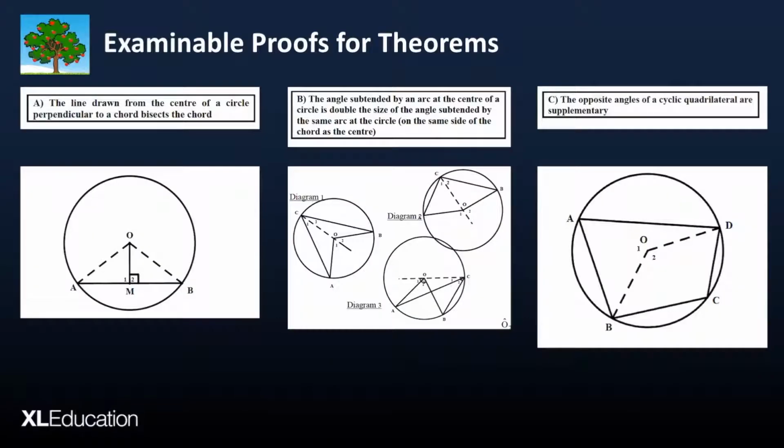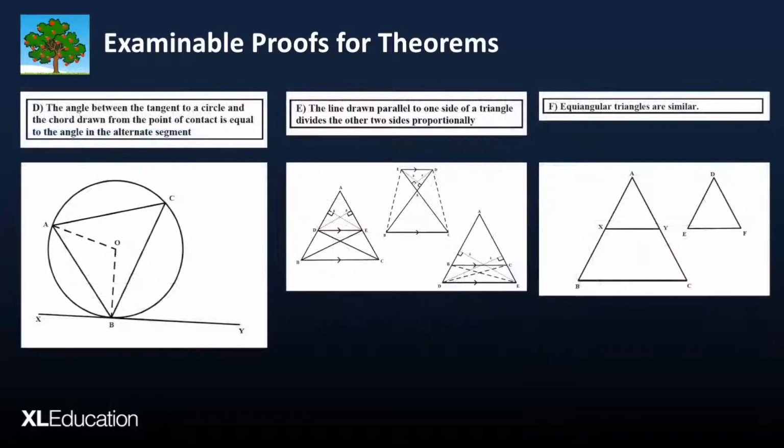When you are doing geometry in paper 2, it is very important to know that there are some obvious questions that are going to come. Questions such as proving a theorem. There are 6 examinable proofs that are going to come. We know that they are going to come. So this is the first theorem, then this is another one, then the third one is this one, the fourth one is the tan chord, the proportionality theorem, as well as the similarity theorem.